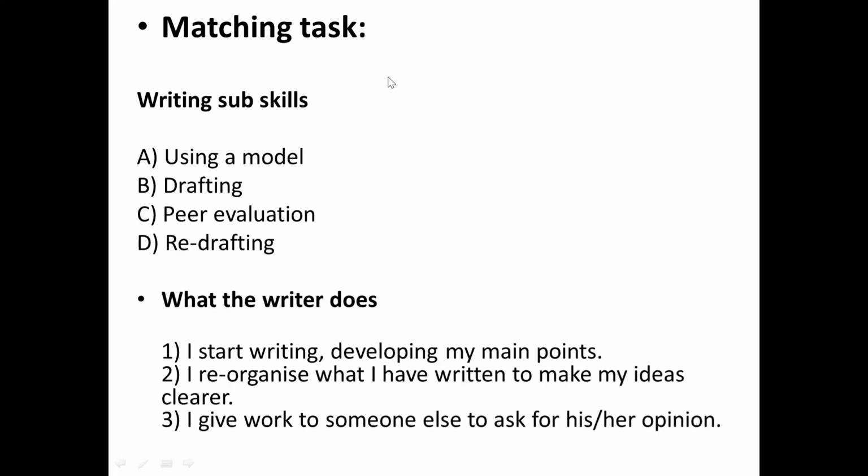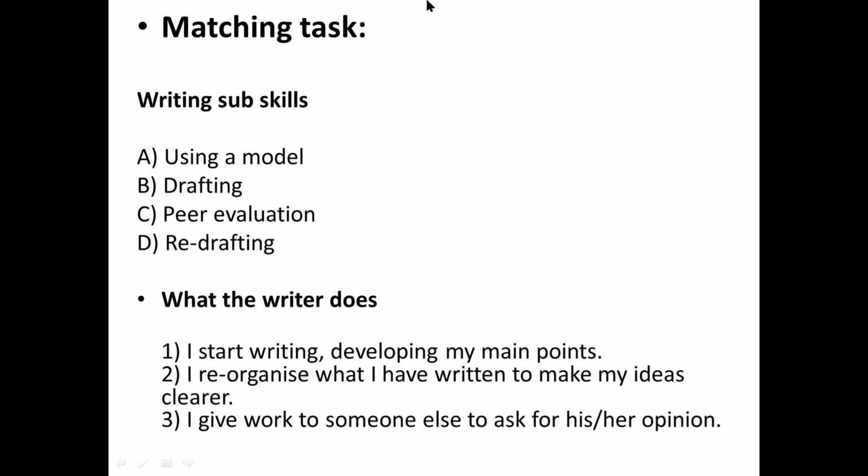I reorganize what I have written to make my ideas clearer. I think here redrafting. You agree with her? So let's see with Zin, Bled or Umayma. Do you agree with Ilham?